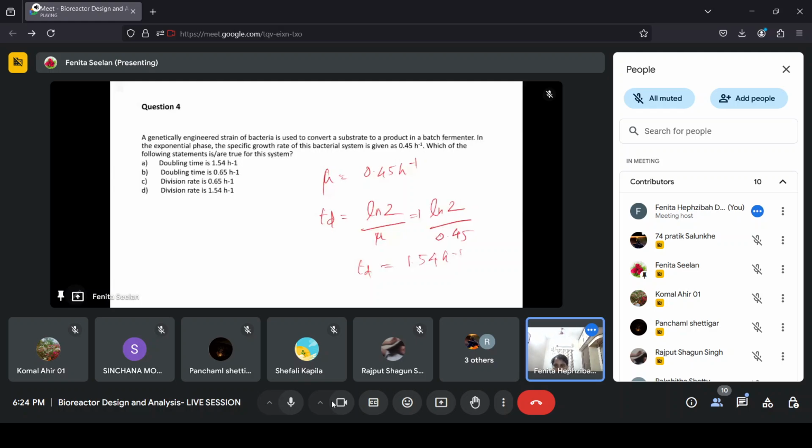So nobody is taking the hint. So the formula for division rate is ln 2 divided by your doubling time, which is 0.693 something divided by your 0.45, which gives around, what is the answer for this?